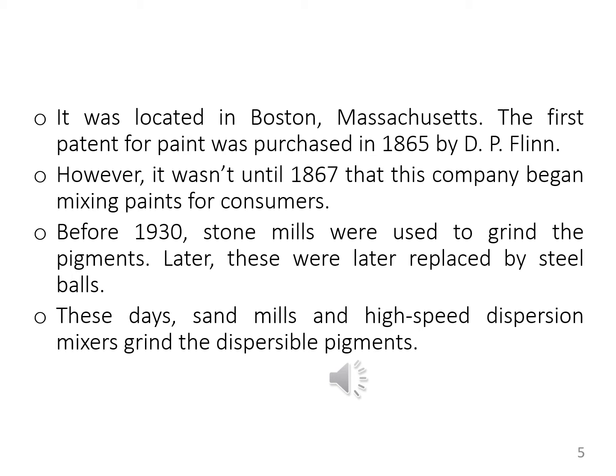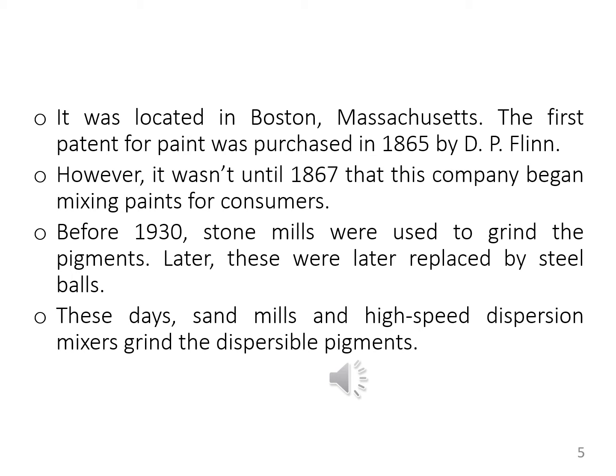Before 1930, stone mills were used to grind the pigments. Later, these were replaced by steel bars. So, in the 1930s, the stone mills were used for the grinding of pigments.